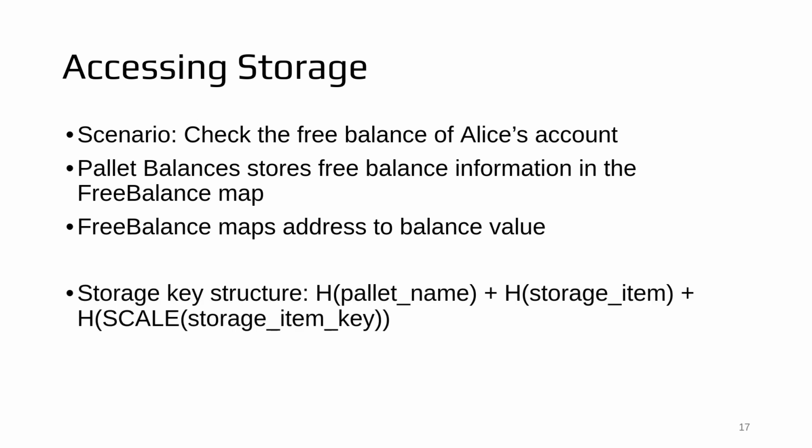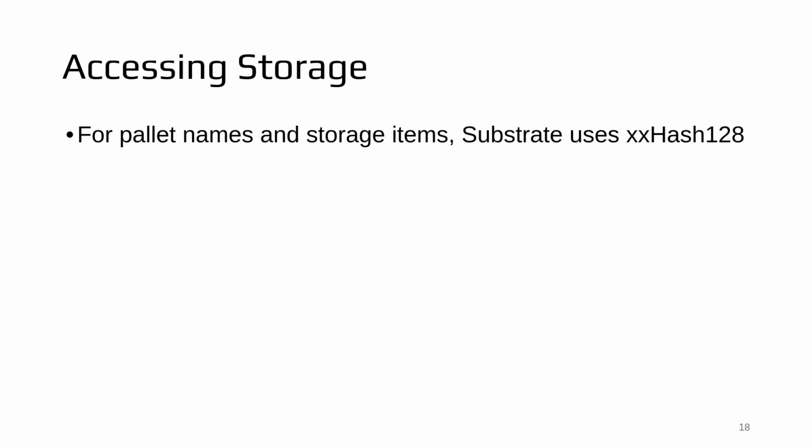To create a storage key so that we can access whatever information we want, we'll hash the pallet name, the storage item, and we'll also hash the SCALE encoded value of the storage item key, which in this case is going to be Alice's address, because the free balance map maps the address to the value, so the address is the key. This hash function h is going to be the 2x128 hash for the pallet names and the storage items.